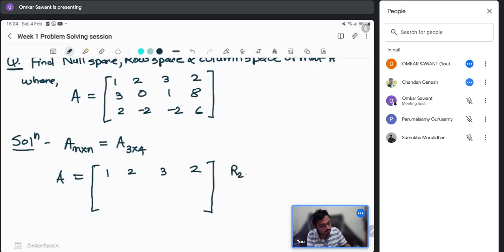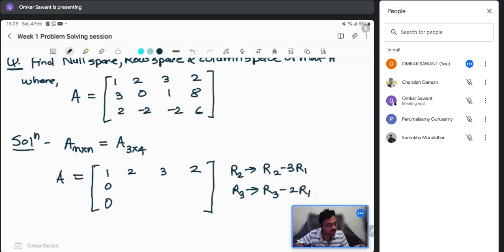What row transformation? We have to make this 0, right? So R2 minus 3R1, correct? Are you following, guys? R3 minus 2R1, correct? So what will you get?